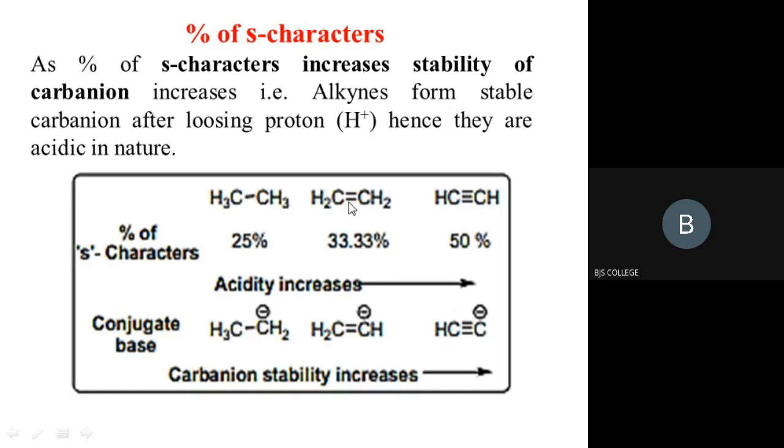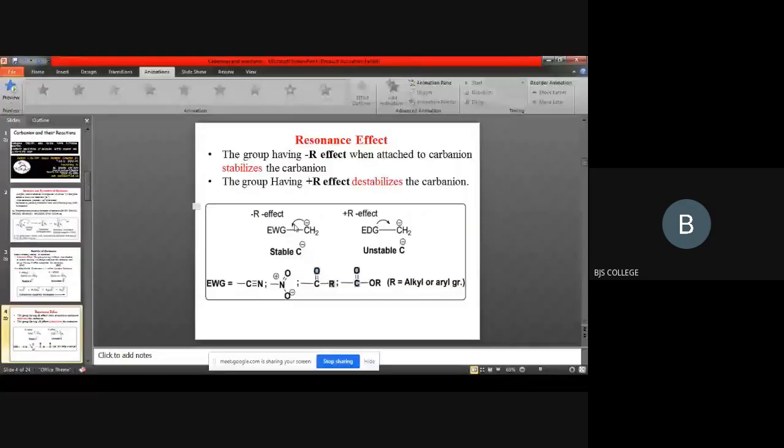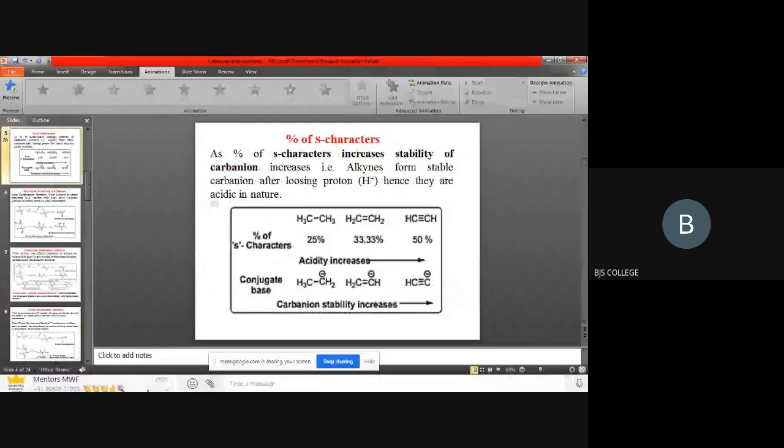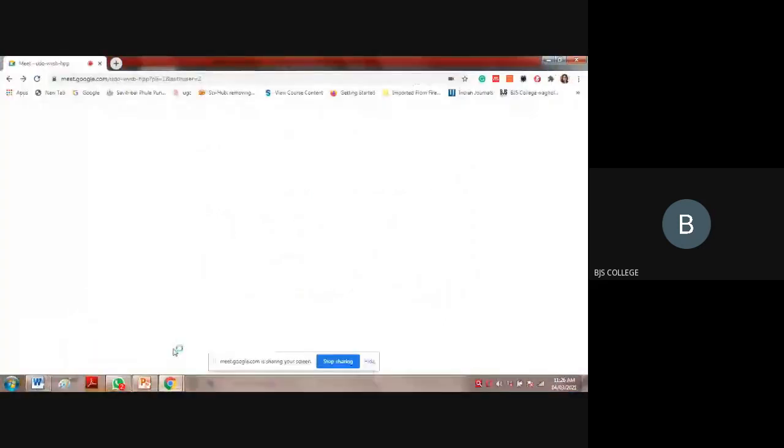As compared to ethene or ethane, acetylene or ethyne is a highly acidic molecule because of the high percentage of s character.